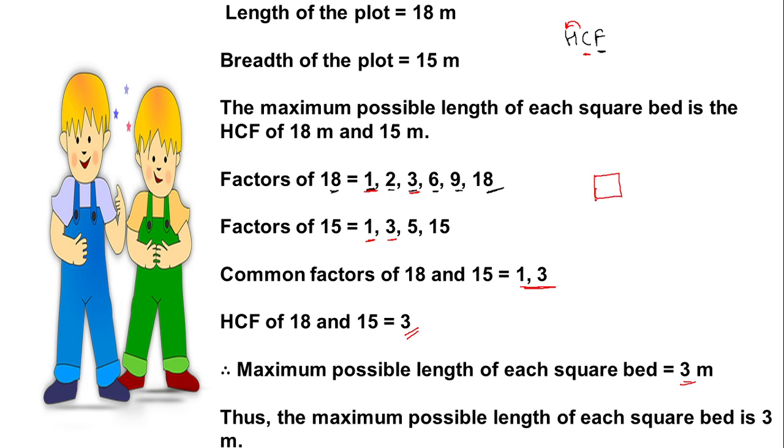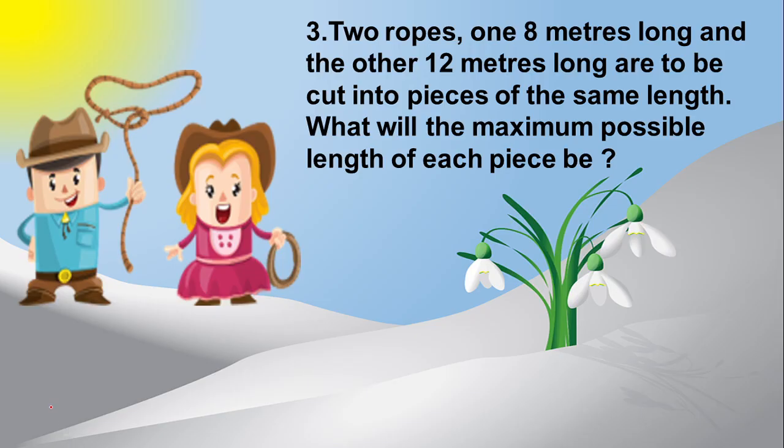The farmer has to make a square bed of 3 meters length. It should be 3 meters long and 3 meters wide. Thus in this way we have helped the farmer friend select the size of the square bed.